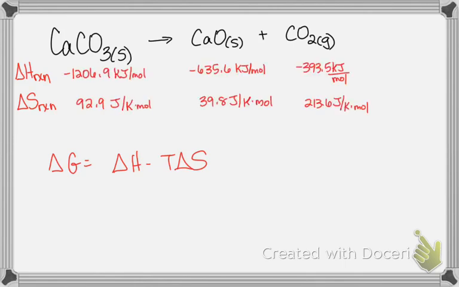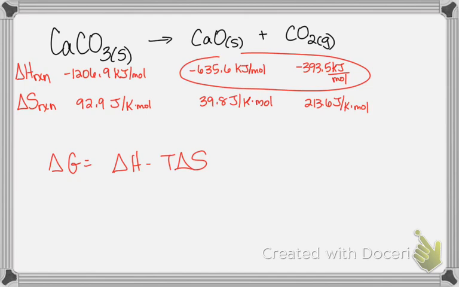Okay, hopefully I looked up the right numbers and it matches what you guys have. So to calculate the delta H of the reaction, we're going to sum up the products for delta H. Those are the products. We're going to subtract the reactants, so we're going to subtract a negative number.